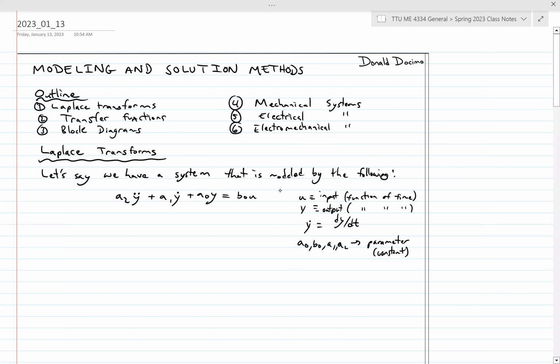I'll write it out: initial conditions, y0 and y dot 0 are known, let's say. I'll typically just write ICs in the future.